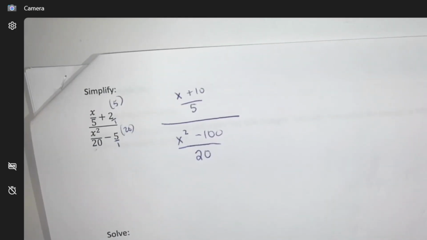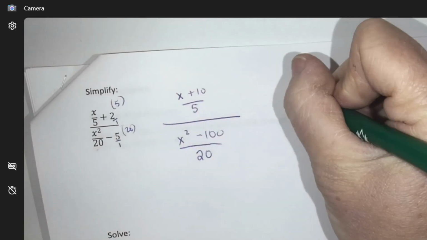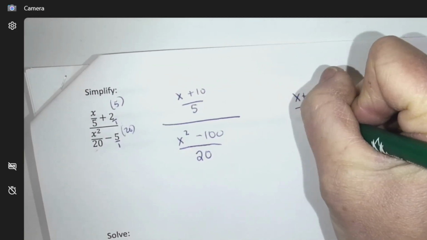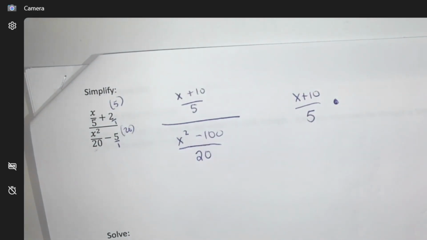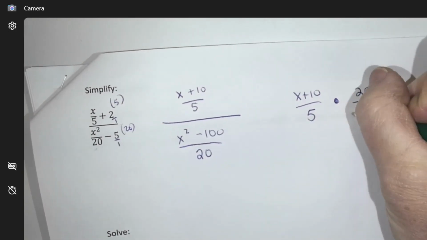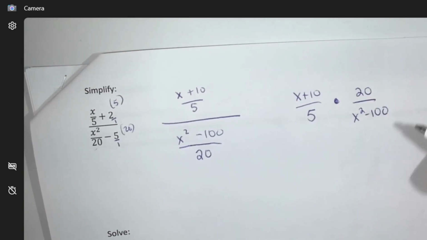Okay, so that's one part. Now, fraction divided by fraction, you're going to have to turn this all into a flip multiply. So the first fraction, instead of dividing by the other one, I'm going to times, flip.